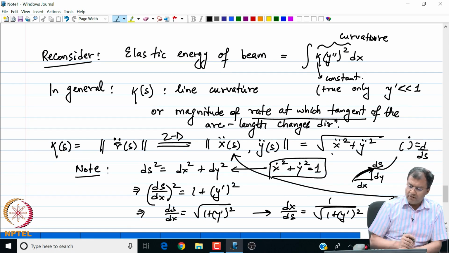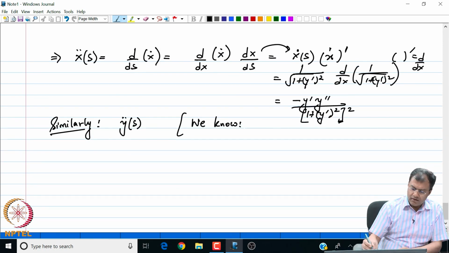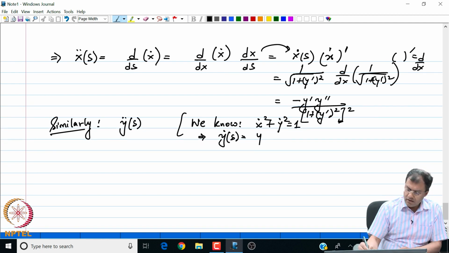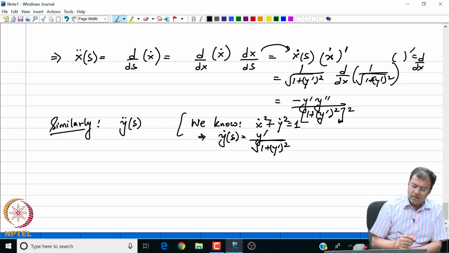From here I can find y dot. We already know x dot, we plug it in, and we find that y dot of s comes out to be y prime divided by square root of 1 plus y prime square.